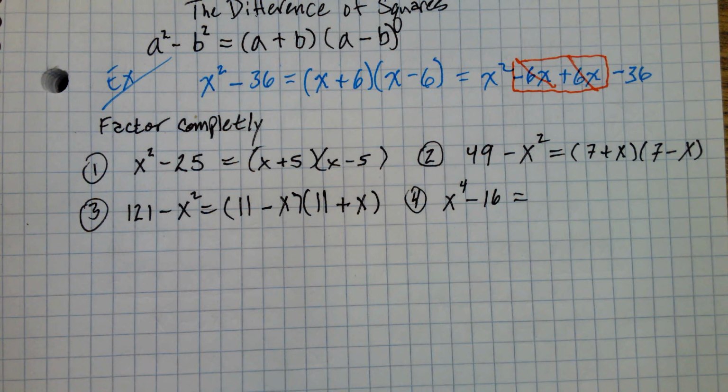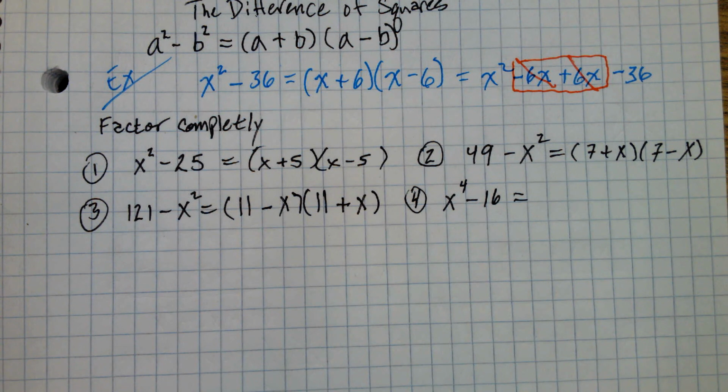What's the square root of x to the fourth? X squared, right? X squared times x squared is x to the fourth. What's the square root of x to the sixth? X to the third. What are we doing each time? We're dividing by 2. What's the square root of x to the 10? X to the 5. Just divide it in half.